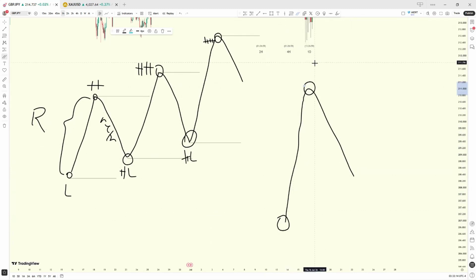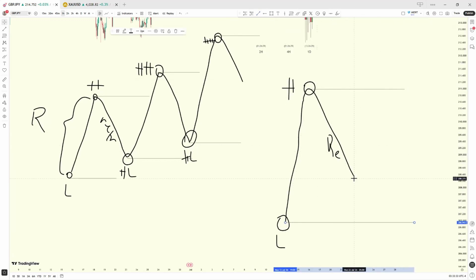Do you get the point? So this is the low, this is the high, and then there is a retracement here. Let me use RE. Then the distance from this place to this place and the retracement is called a market range. It's as simple as that.